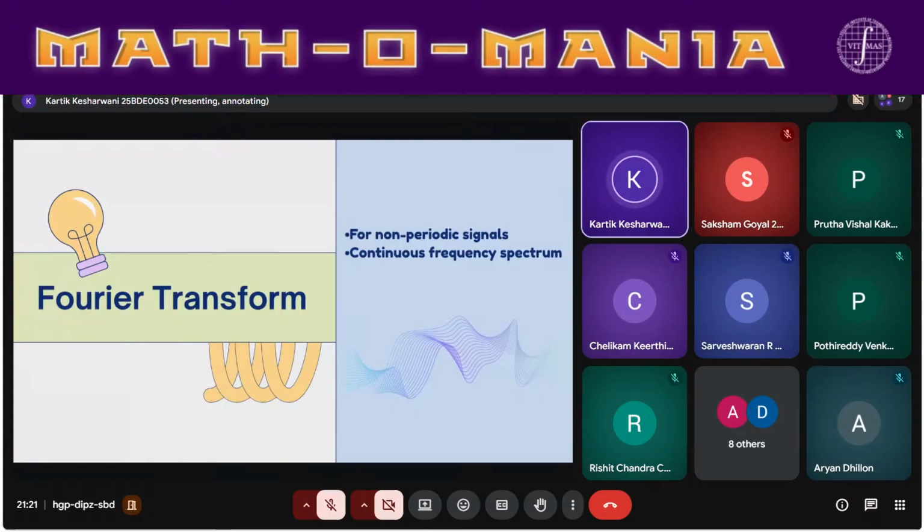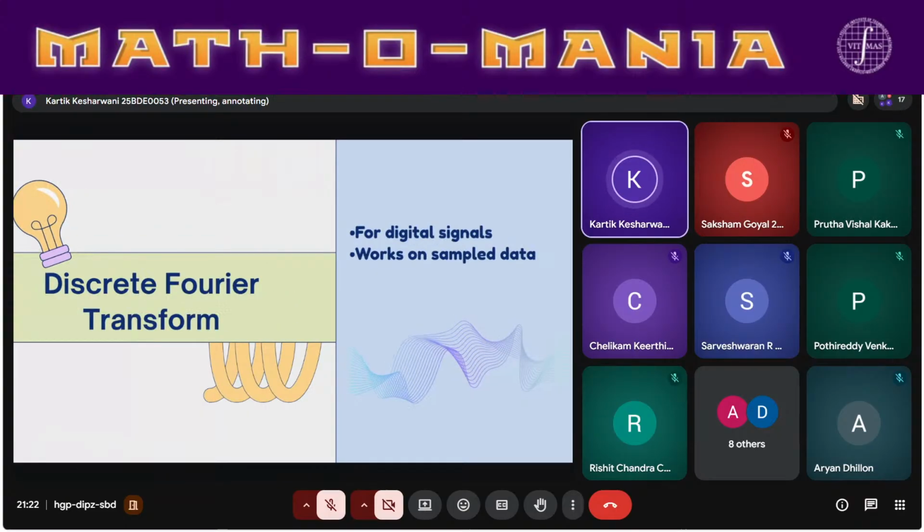The Fourier transform assumes that the signal is continuous and extends infinitely in time. But in real world systems, especially digital systems, signals are neither continuous nor infinite. Instead, they are sampled and stored as discrete values, and they exist only for a finite duration. So, we need another variation that works with digital data.